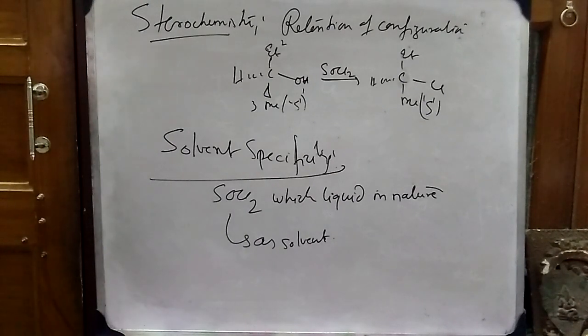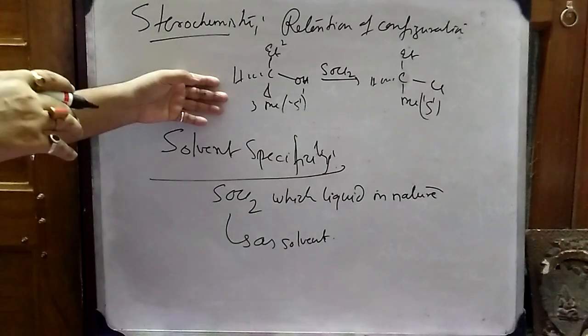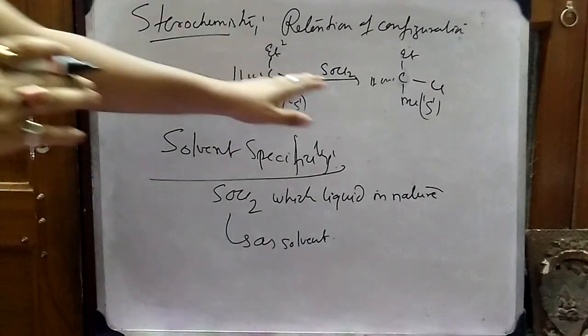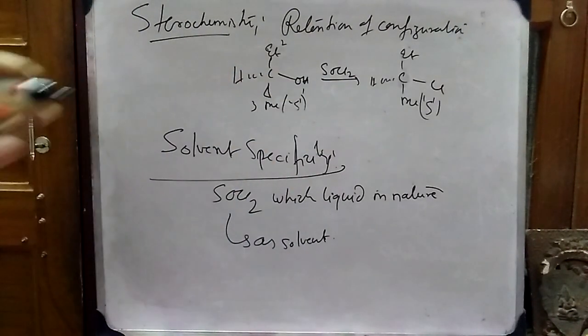If I want to retain the configuration, then I should not take any chance of using any other solvent. We should use this alcohol and this SOCl2 reagent, which will be a reagent of the reaction as well as a solvent for the reaction.